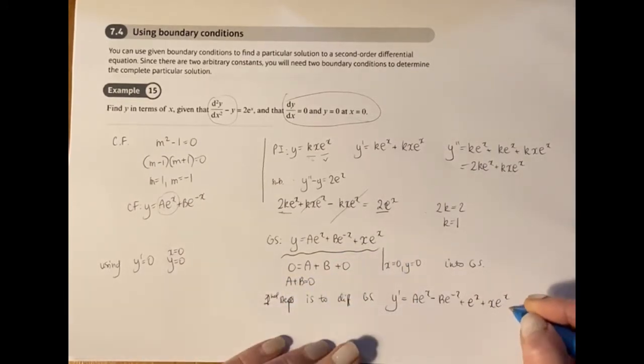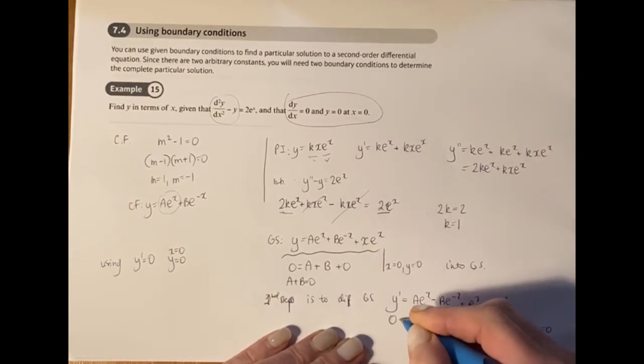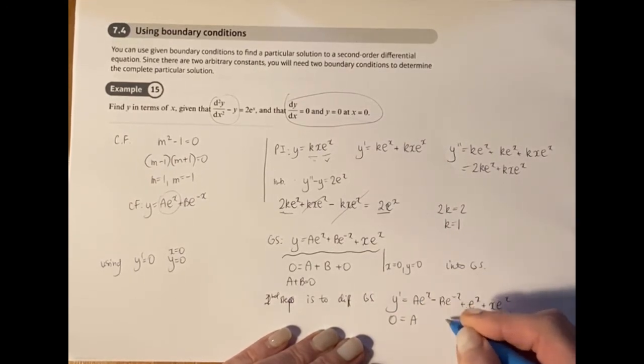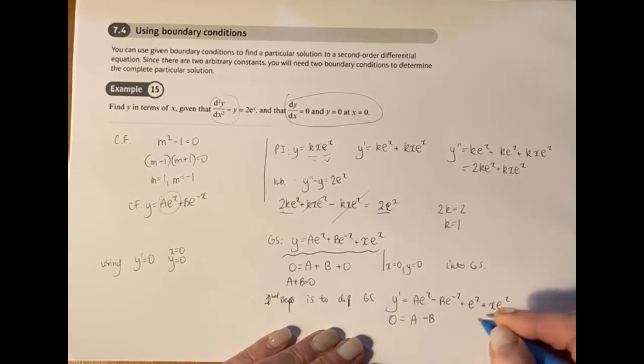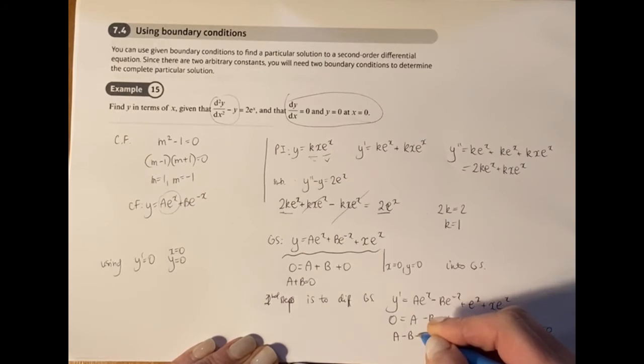And then we're going to substitute y dash being equal to 0 at the point when x is equal to 0. So 0 is equal to a times 1 minus b times 1 plus 1, and here that will go plus 0. So the second equation is a minus b is equal to minus 1.